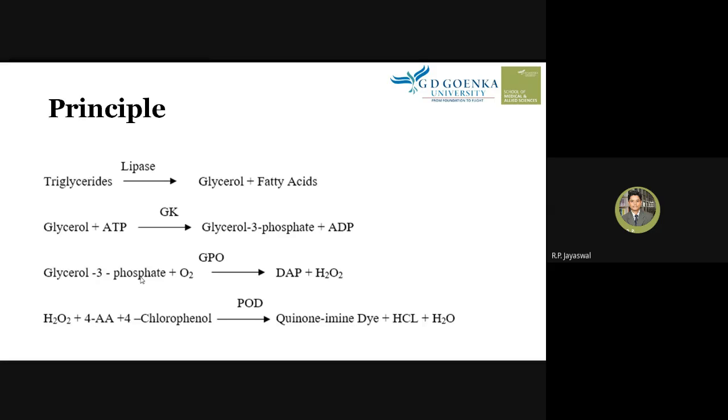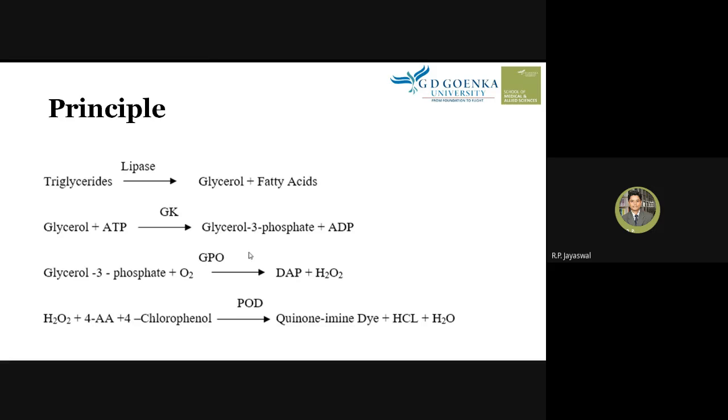So glycerol 3-phosphate in the presence of oxygen is oxidized to dihydroxyacetone phosphate, DAP, D for dihydroxy, A for acetone, P for phosphate. So glycerol 3-phosphate is oxidized to DAP and H2O2.